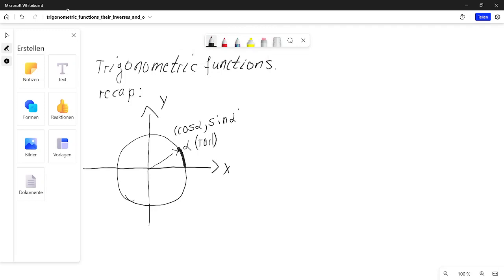And this is exactly how we define general cosine and sine. That is, for this angle alpha, for this angle beta, whatever, the coordinates of these points are defined to be cosine alpha and sine alpha.